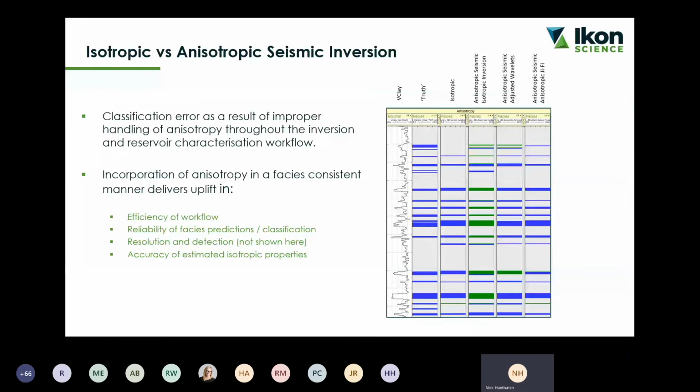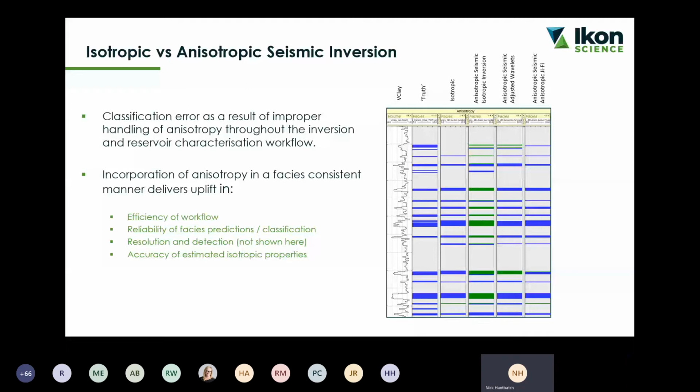Which is basically where we come to in saying that what we really need is the facies to be included, because without having knowledge of the facies in the inversion, we can't properly relate the isotropic properties to the anisotropic seismic response.